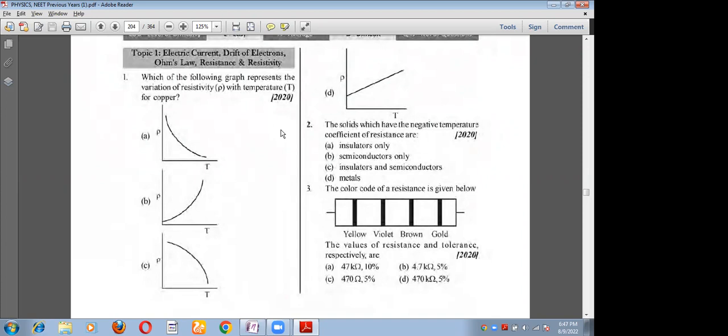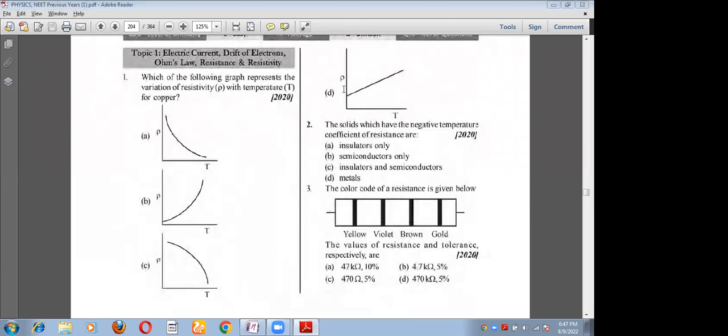Tell me the answer. Refer to question 2.